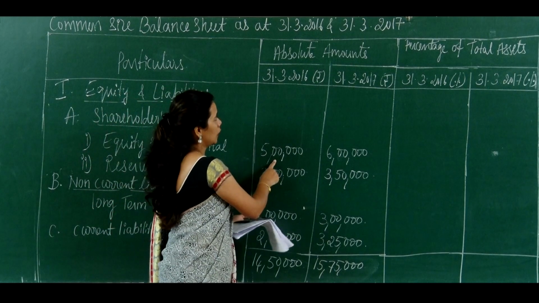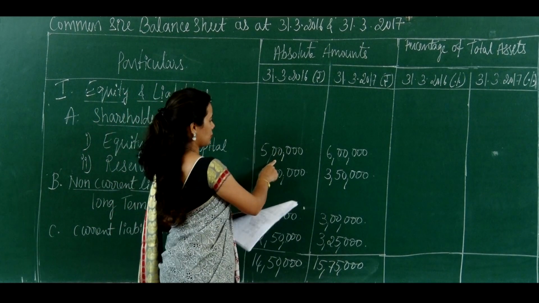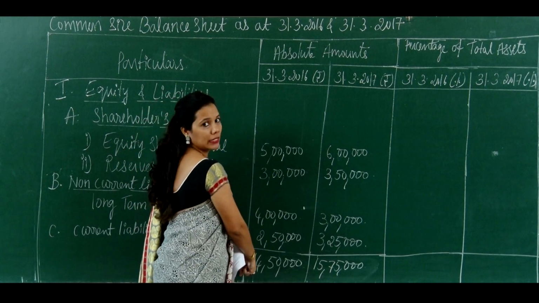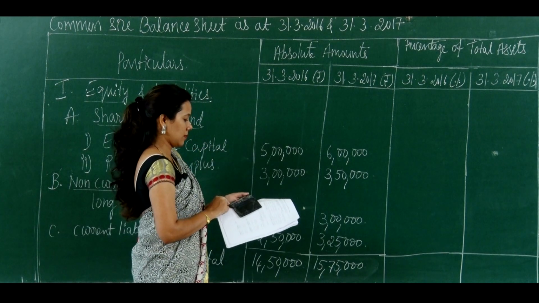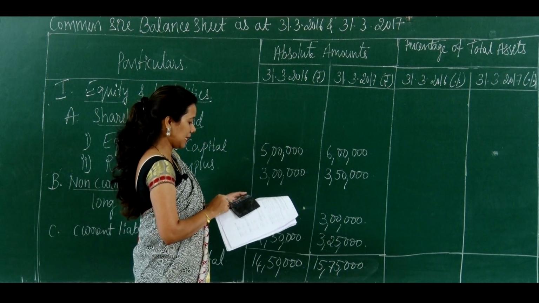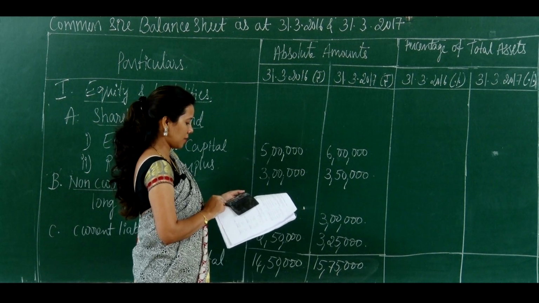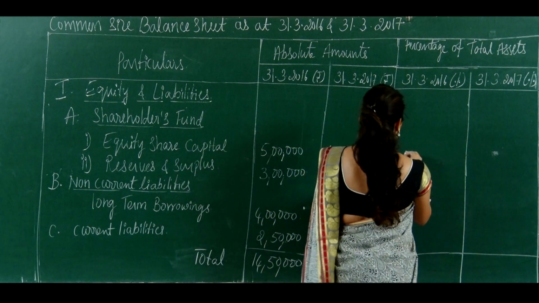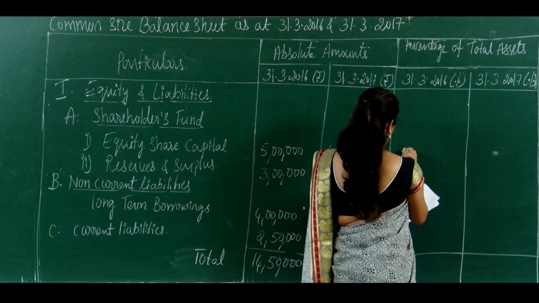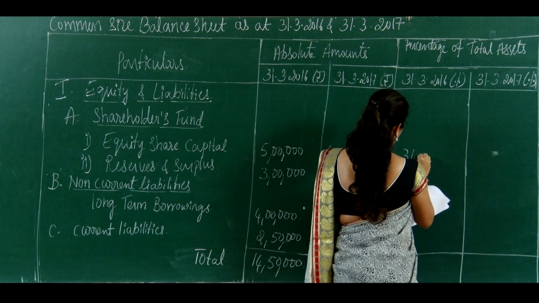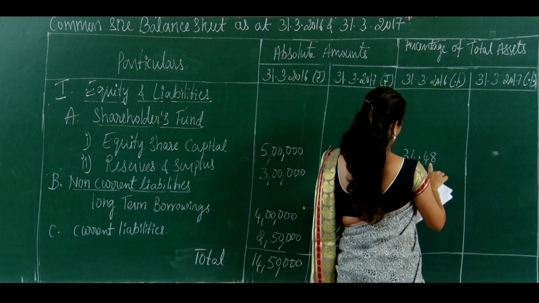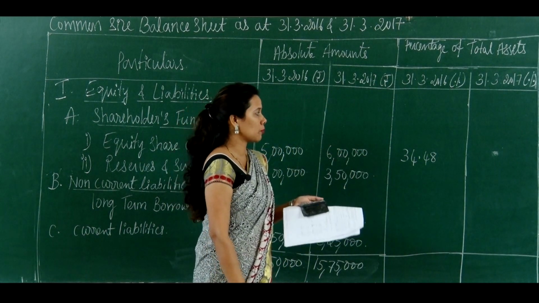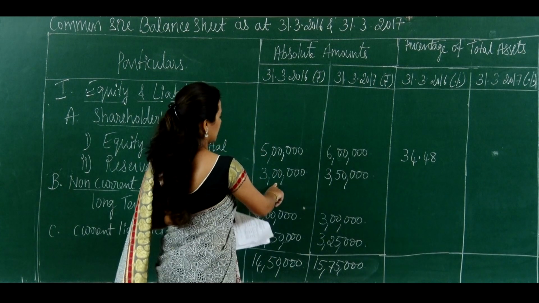First take 2016's values. 5 lakhs divided by 14 lakhs 50,000 into 100. So, this is the 2016 column, so make sure that you do not write in the wrong column. The answer is 34.48. You require 2 digits after the decimal.